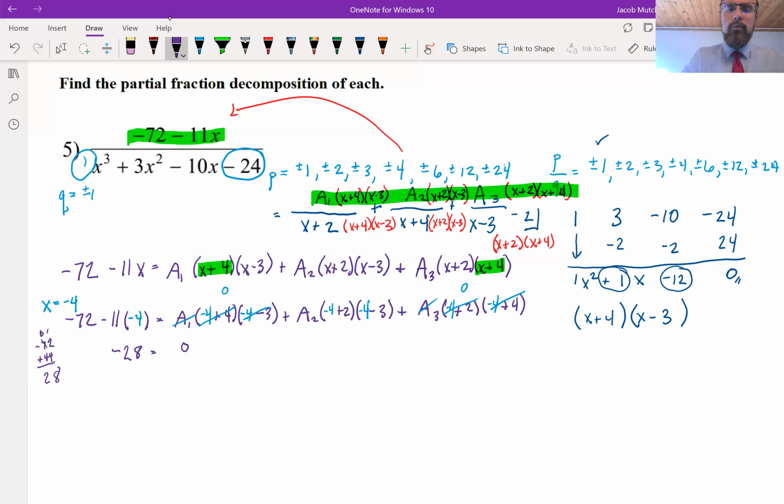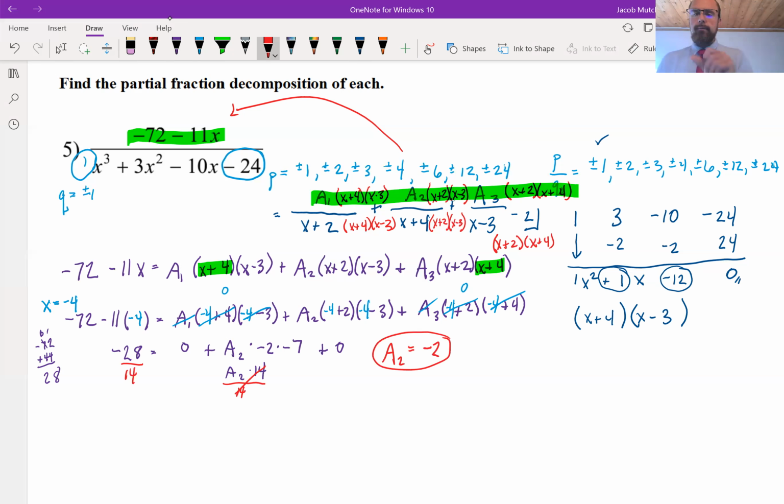And then my second term is going to be A sub 2 times negative 4 plus 2 is negative 2 times negative 4 minus 3 is negative 7. And then the third term will also zero out. So negative 2 times negative 7, that's A sub 2 times 14. So all I got to do is divide by 14. And I see right away that A sub 2 is going to be equal to negative 2.